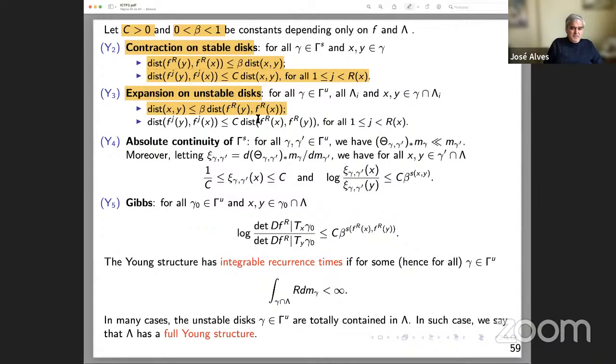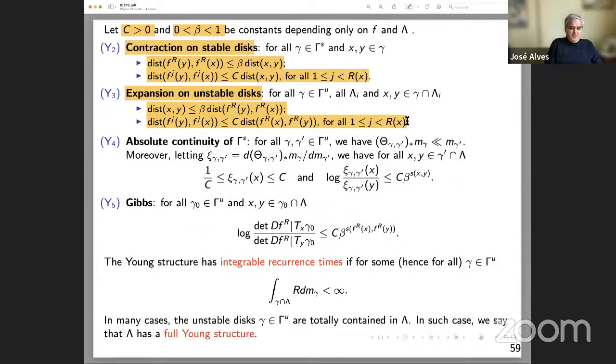And also, similar to the second part of the previous property, it's not very wild in the middle of the iterates up to the return time. So these are the expansion and contraction on stable and unstable disks. Let me remark that the contraction and expansion is only at the return times.